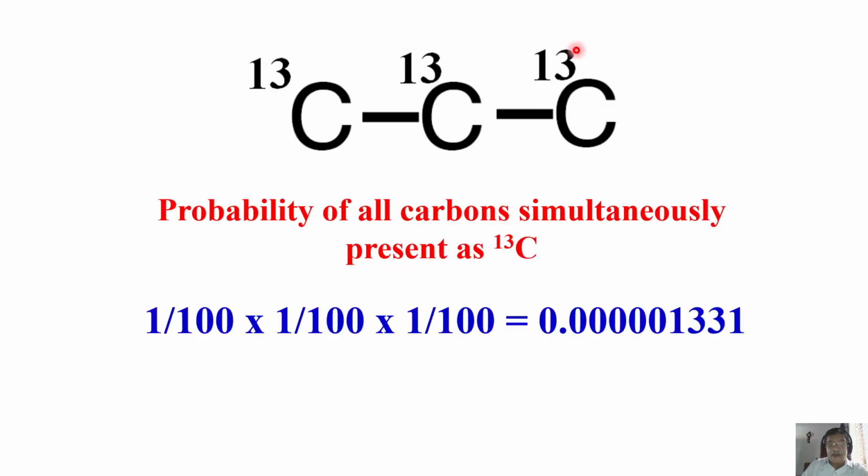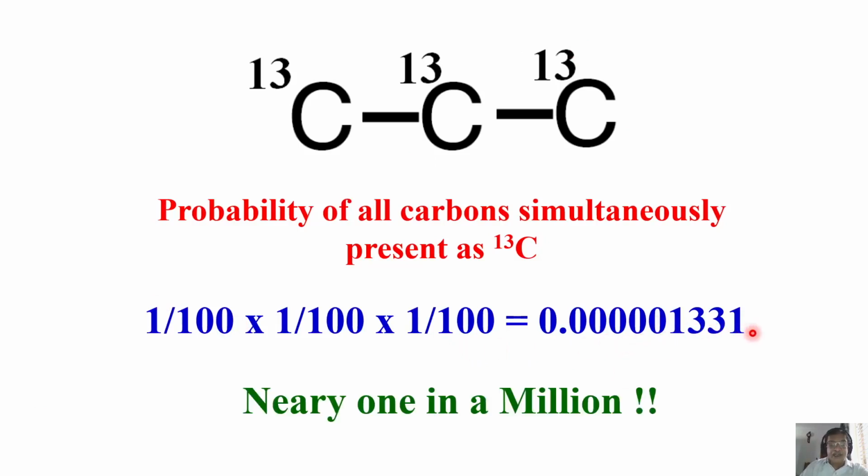Now the joint probability is 1 over 100 into 1 over 100 into 1 over 100, which is even smaller. It turns out to be nearly 1 in a million. Remember, for all 3 carbons to be in the state of carbon 13 is even more difficult. Even 2 carbons in carbon 13 is 1 in 10,000. That was difficult. Now it is 1 in a million.